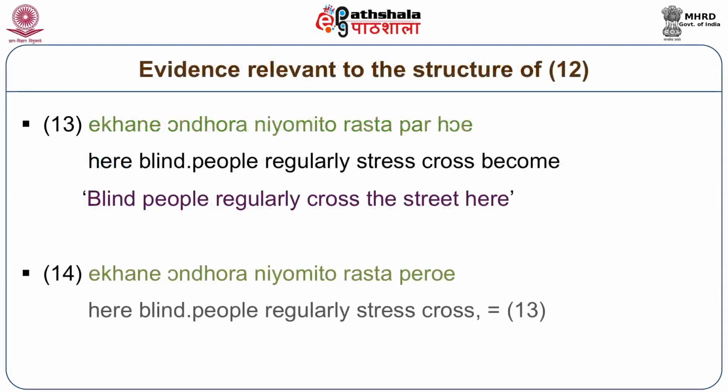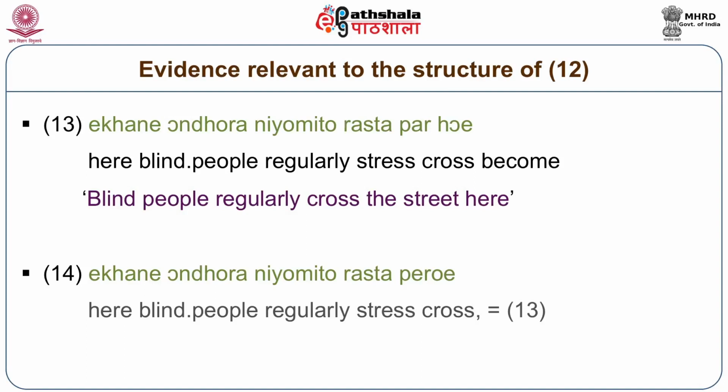When we compare 12 with 13, the complex transitive predicate that means crossing the street, ekhane andhora niyomito rasta par hoy, blind people regularly cross the street here, we find that this 13 has a formally simple equivalent where instead of par hoy, cross becomes a single word for the meaning cross.